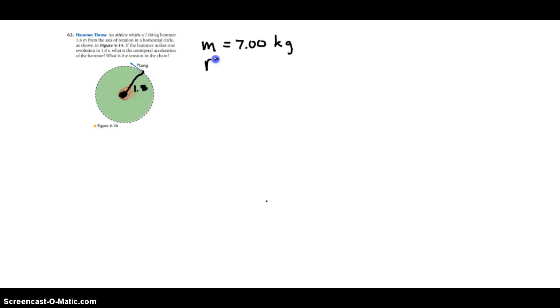So my radius is going to be 1.8 meters. And if the hammer makes one full revolution in 1 second, what is the centripetal acceleration of the hammer?